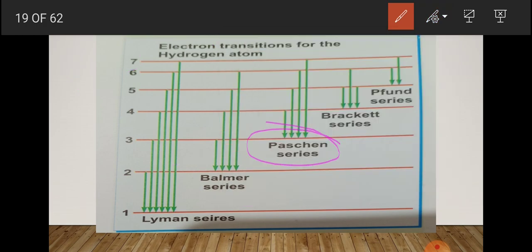When we talk about the Paschen series, N1 will be 3 and N2 will be 4, 5, 6, and goes on till infinity. It is found in the IR region.